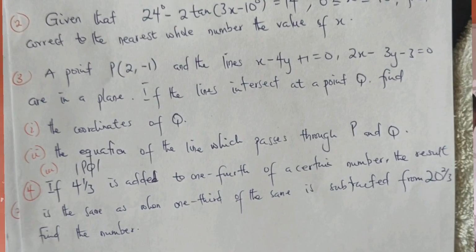So all these are found in one particular plane, and if the lines intersect at a point Q, we have to find the coordinates of Q and also find the equation of the line which passes through the points P and Q. Then finally we have to find the magnitude of PQ.